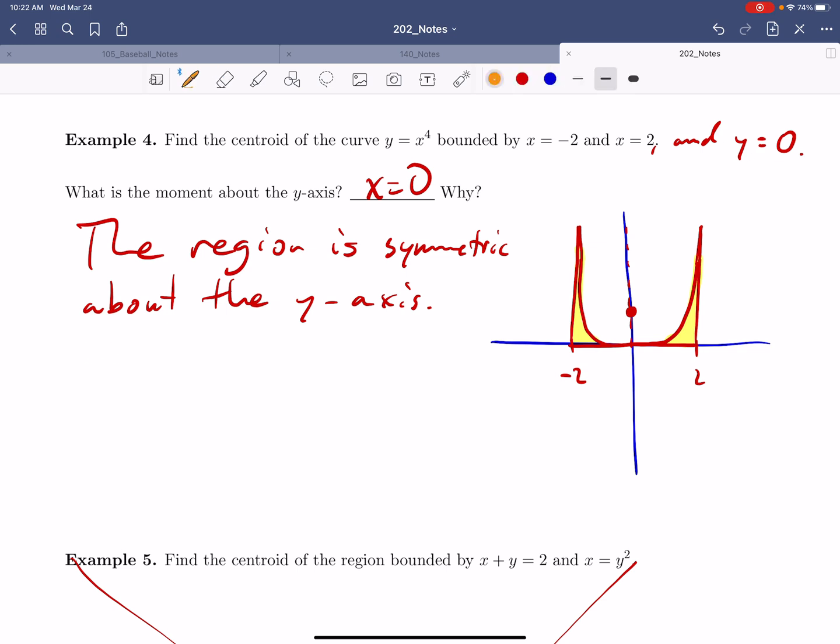So x bar equals the integral from -2 to +2 of x times x to the 4th dx divided by the mass.